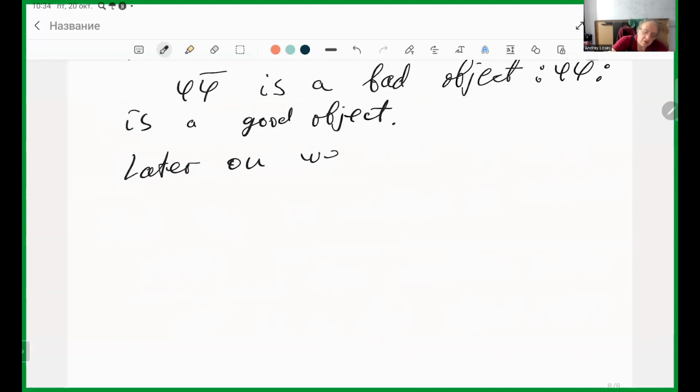Later on, we will play more with this construction.